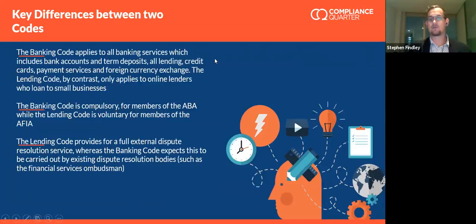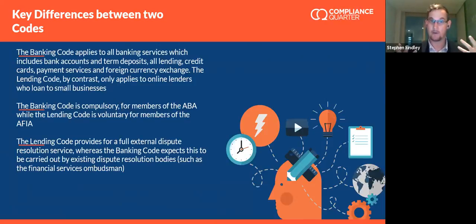Okay, so just some of the key differences between the two codes. The banking code, obviously being called a banking code of practice, applies to all banking services. That includes bank accounts, term deposits, all lending, credit cards, payment services, foreign currency exchange.